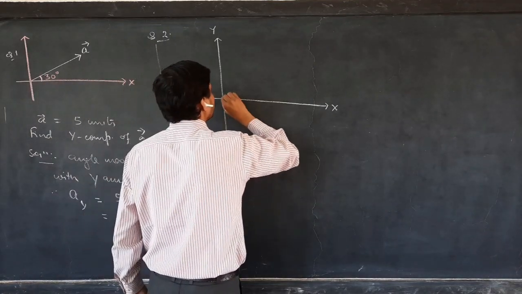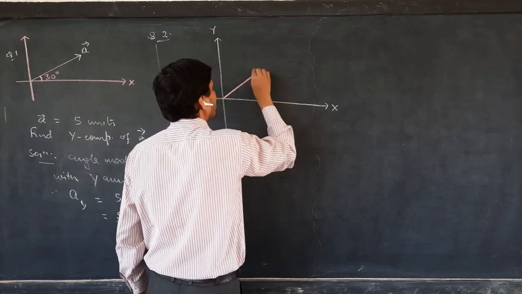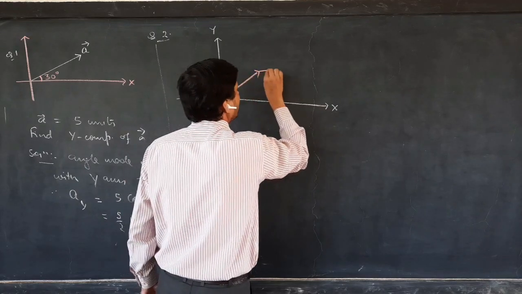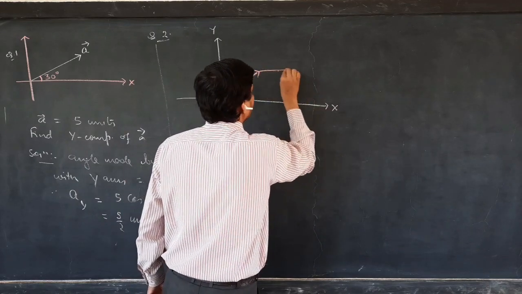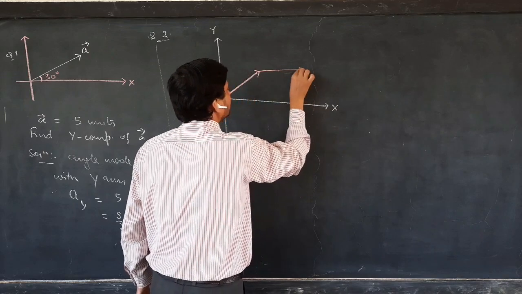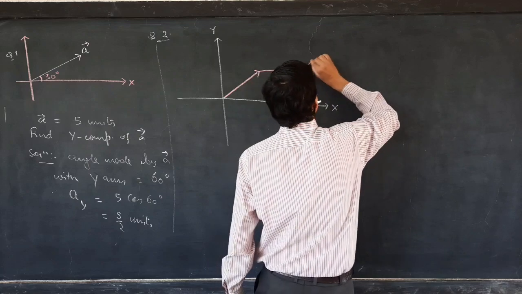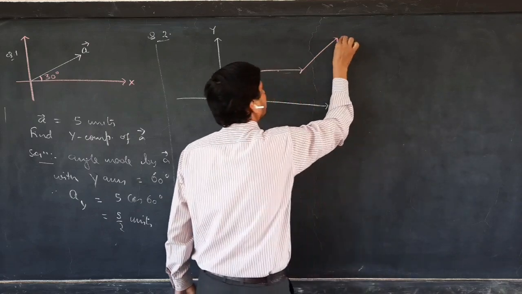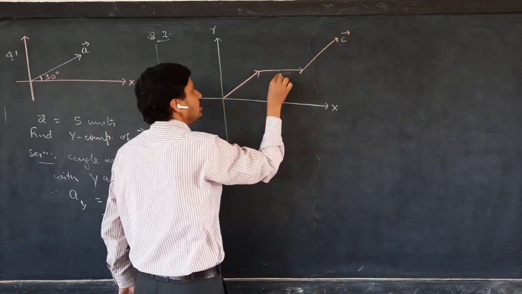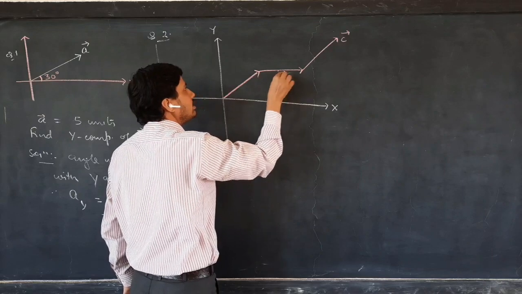Suppose there are three vectors. One vector is like so, other vector is like so, and third vector is like so. There are three vectors. This is C vector, this is B vector, and this is A vector.